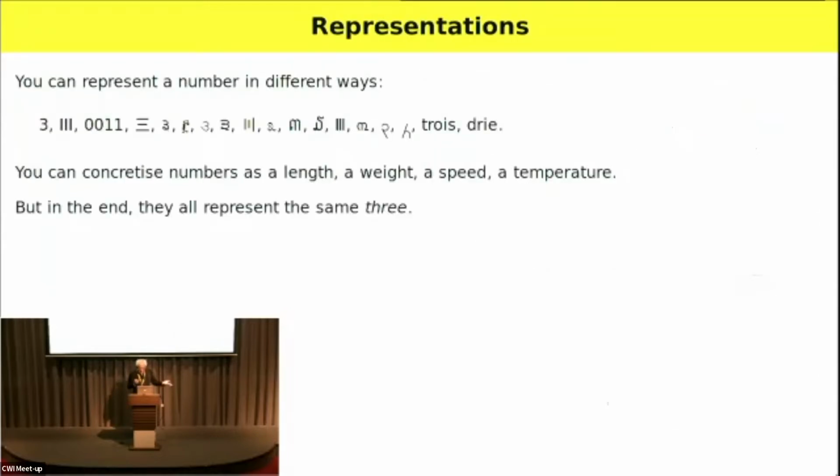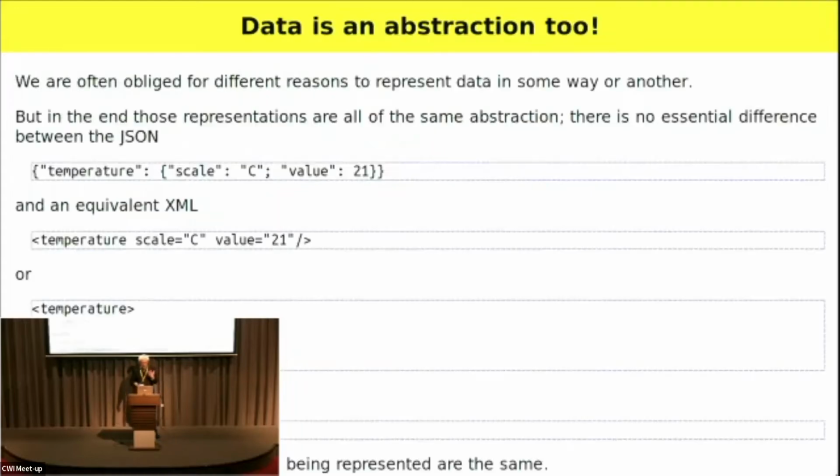We can represent a number in different ways, 3, or as Roman numerals, or as binary, or as Chinese, and so on and so on. You can concretize them or embody them as a length or a weight or a speed or a temperature, but in the end, that's all the same 3. The concept remains the same thing.